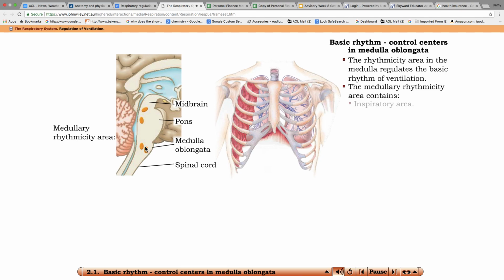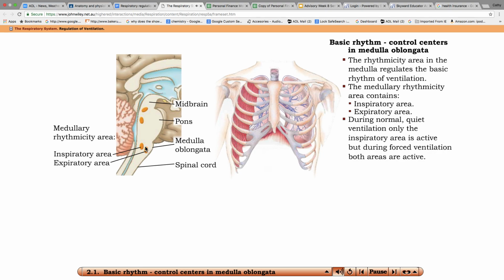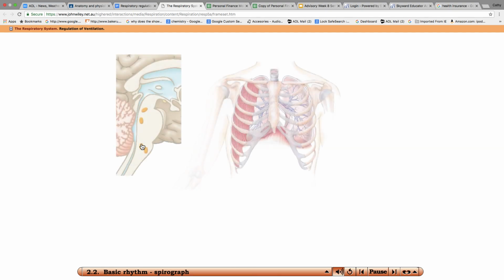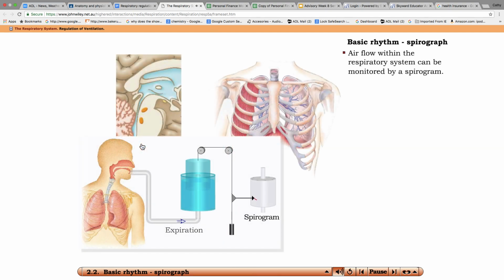What if I want to go from tidal volume to using my respiratory reserve? What has to be stimulated more? My diaphragm and my external intercostals. That's when we get into the pons and some of the other areas, because when you are just using normal quiet ventilation, you're not using the expiratory part of that medulla. You're only using the inspiratory.